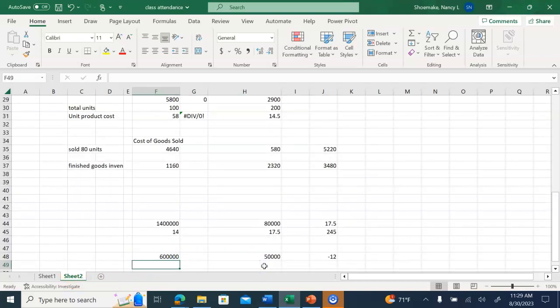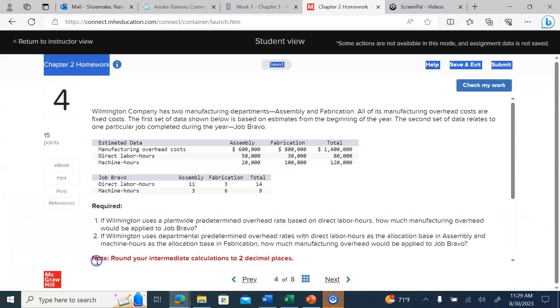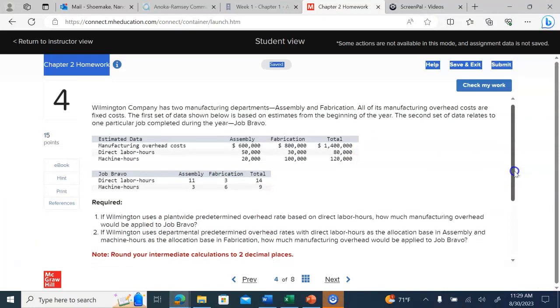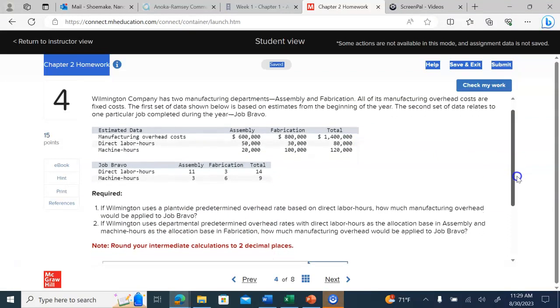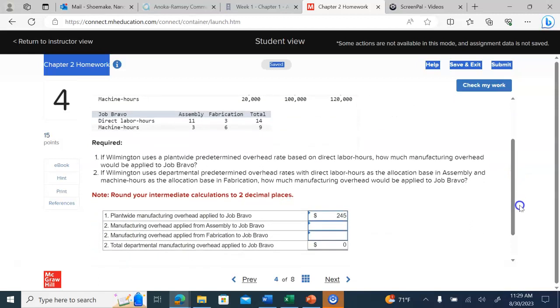Is it $12, right? And $12 times 11 is what? 12 times 11 is what, guys? 132.